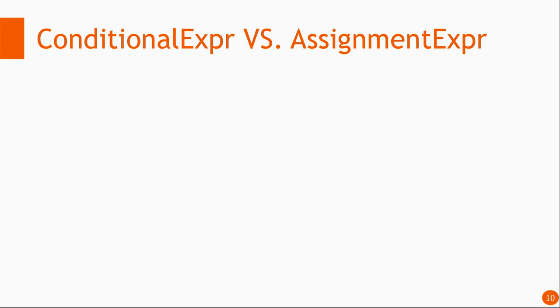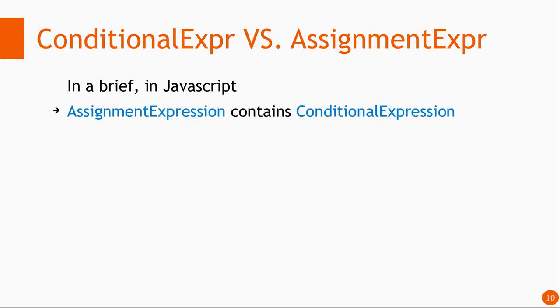So what is the difference between conditional expression and assignment expression? Well, let's make it less theoretical. After all, this is not a compiler theory course. If you want to learn it deeper, let's put it in an advanced chapter in the future. Okay, back to the topic. In brief, in JavaScript, conditional expression belongs to assignment expression.